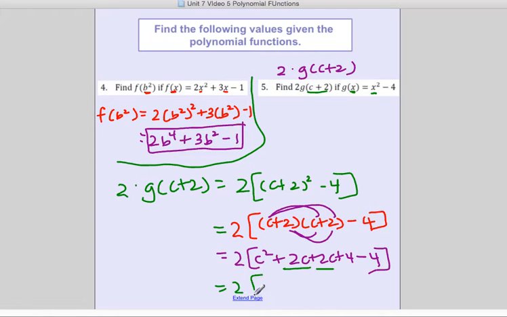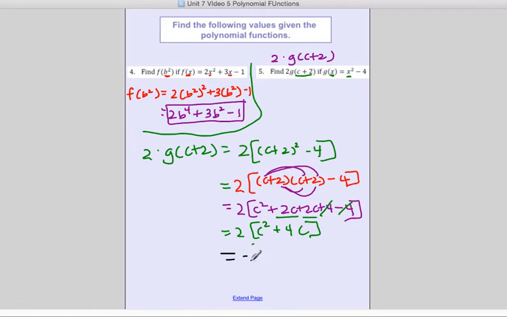So I have 2c squared plus 4c. 4 minus 4 is 0. So there's that. And the last thing I need to do is to distribute the 2. So I have 2c squared plus 8c. So that is my answer for number 5. Okay.